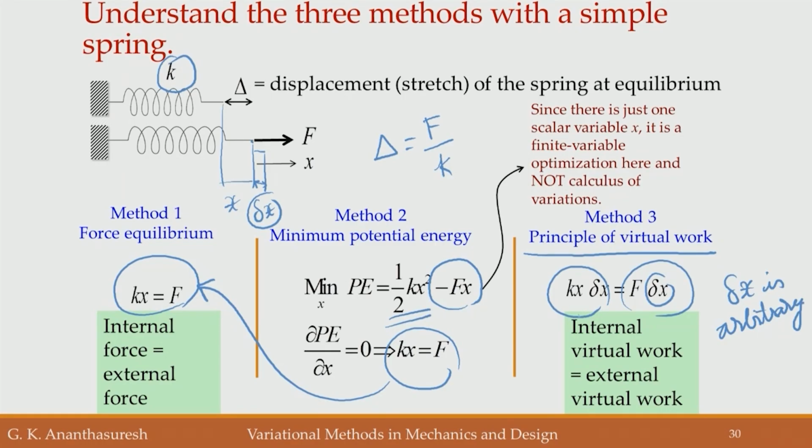That gives you again kx equal to F, because if it is arbitrary then kx must be equal to F. So, the 3 methods give you the same equation, which you can use to solve. Method 1 is force and moment balance, method 2 is minimum potential energy, method 3 is the principle of virtual work.